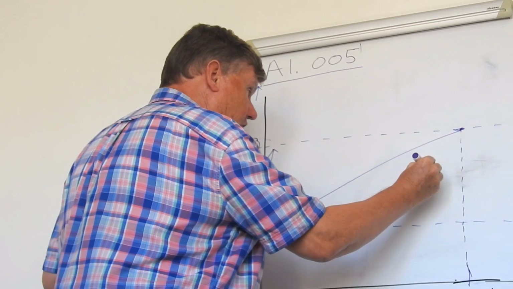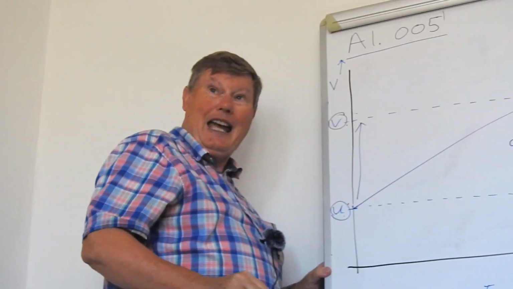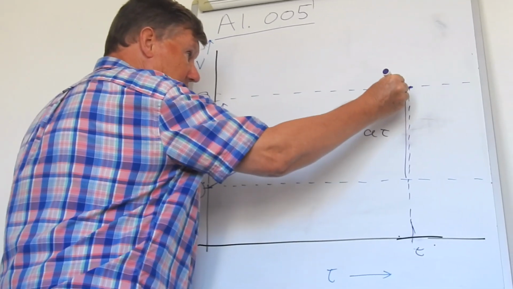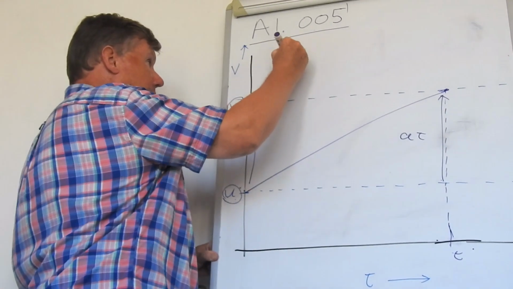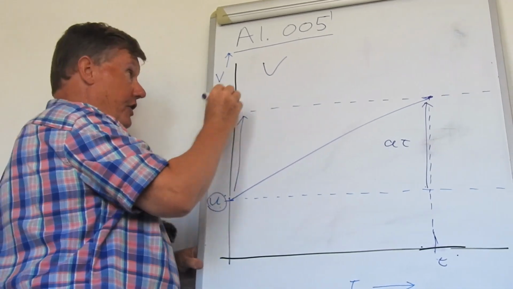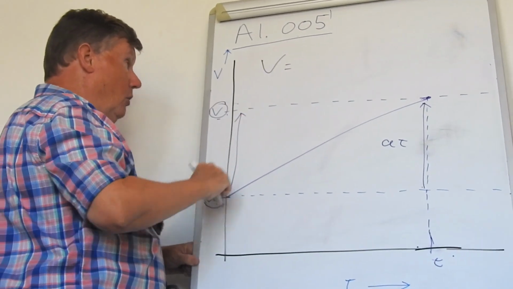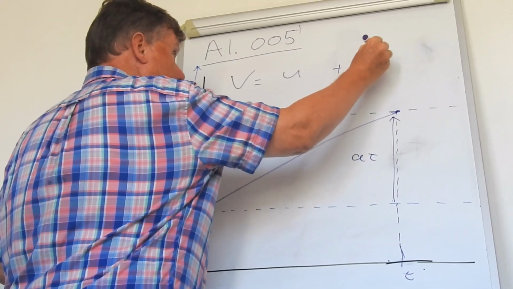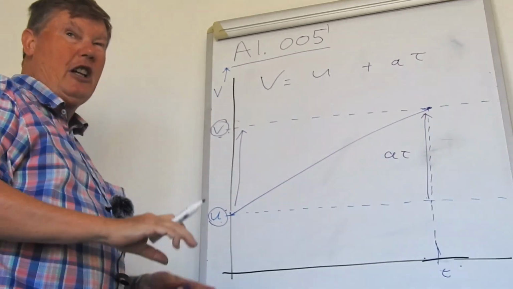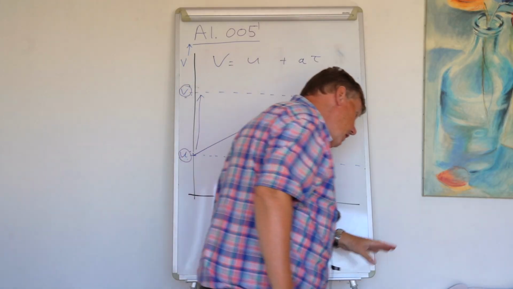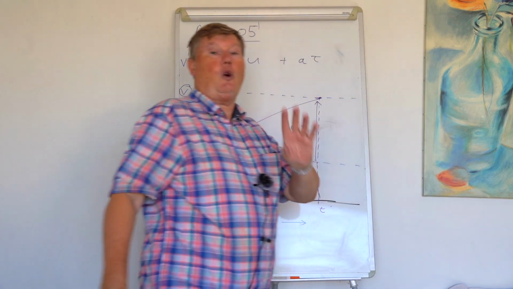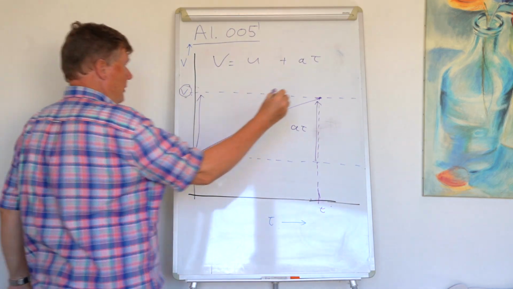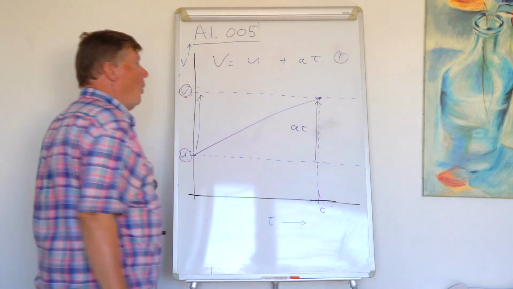So acceleration times time, at, is that bit. So we have v, final velocity, equals u, initial velocity, plus change in speed. Now in the book, I'm not going to have an argument over this, that's called the first equation of motion. I'm happy with that. Let's call that number 1.